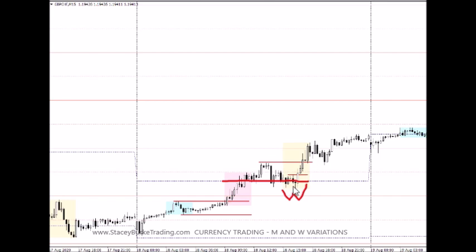And again, just another example of how if we use the clock to our advantage, we have the first hour sideways after the second push, and that third candle of the second hour engulfs that middle structure for our right shoulder of our W formation on top of the previous day's high.